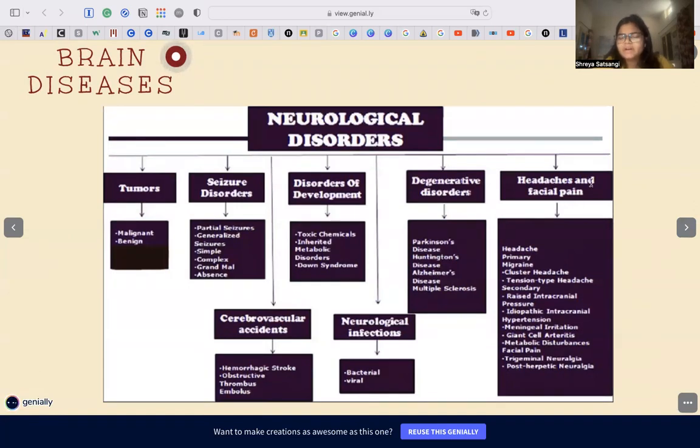And then we have headache and facial pain, which most of us have seen. But diseases like seizures, Alzheimer's and Parkinson's, I would not say are very rare, but they are not common diseases that we all see in daily life, though they very much affect human life.